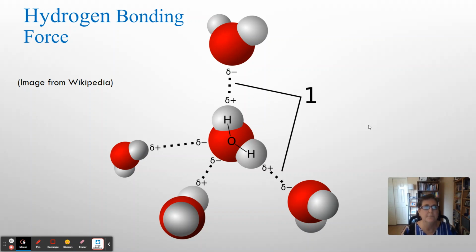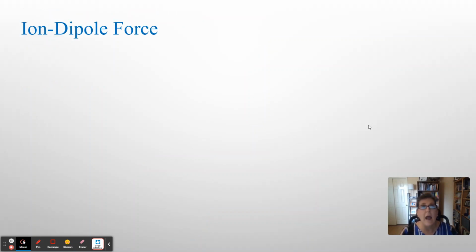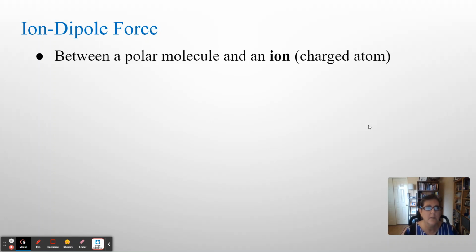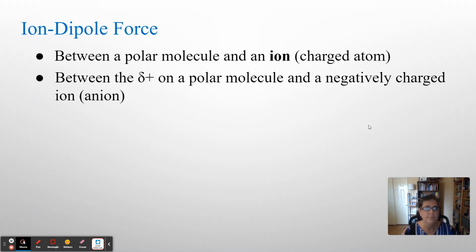All right, very good. The last one is the ion dipole force. This is between a polar molecule and an ion, which is just an atom with a charge. So we have polar molecules, which means we have a little bit plus and a little bit minus side of the molecule, and we have charged ions.